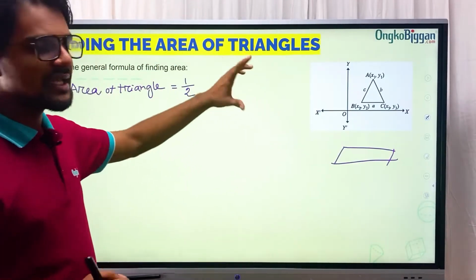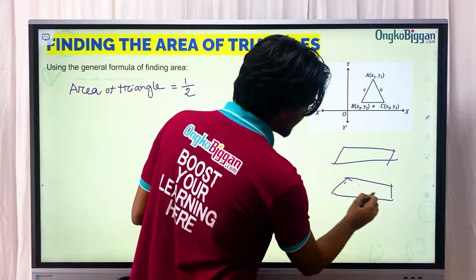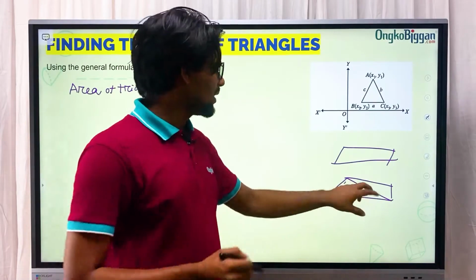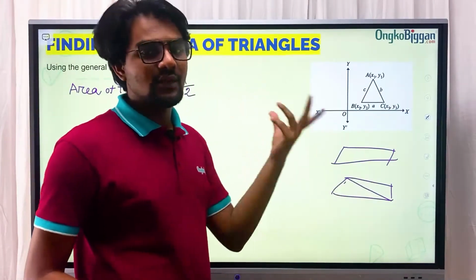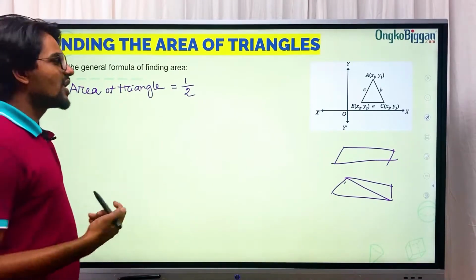We need the half because every quadrilateral can be divided into triangles. For example, a parallelogram can be divided into two equal triangles. So this half somehow came into being. I'm just labeling right now.